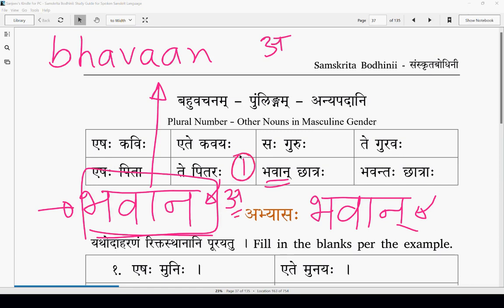It is 1 matra. So we measure the length or the duration of the varna or letter in terms of matra in Sanskrit pronunciation. Matra is not precise in terms of seconds or something.